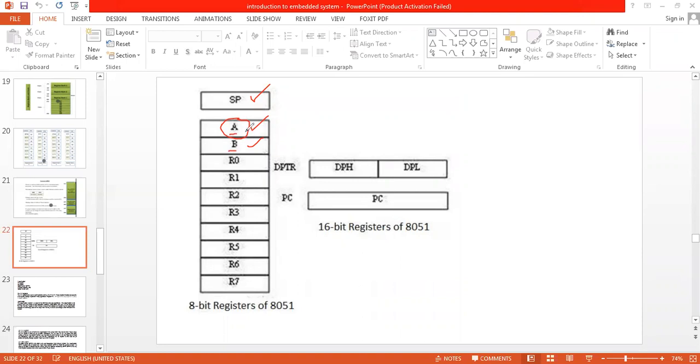The accumulator is used in all arithmetic and logical instructions, and always the A register will hold the result, not the other registers R0, R1, R2.